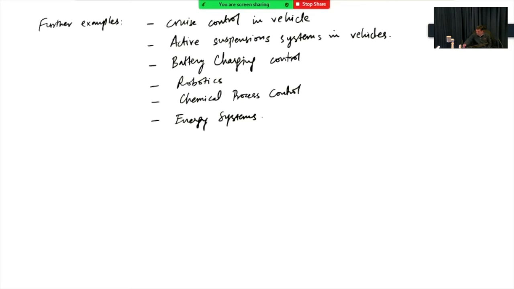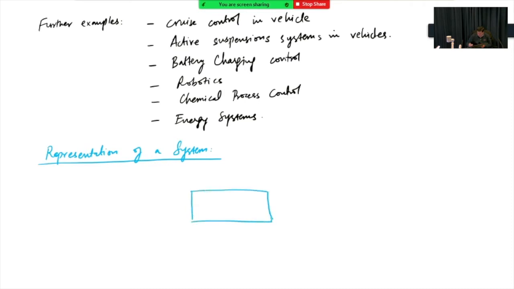So let's start with a representation of a system in very generic terms. Whenever we say a system, what we mean is that there is a process going on, right? That process can be physical, that can be electrical.